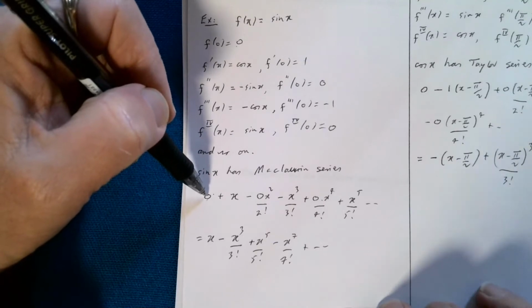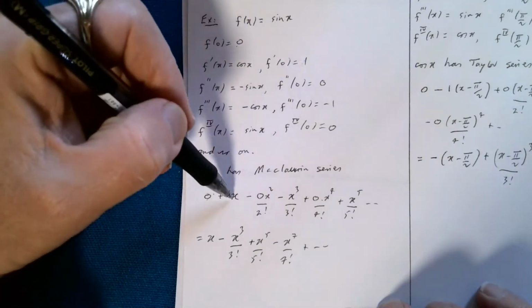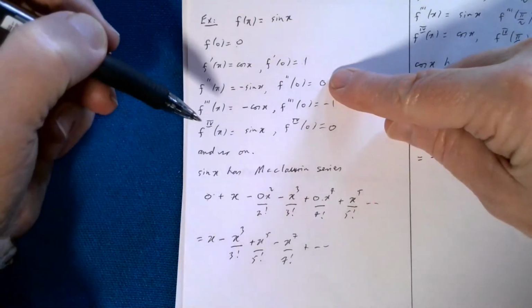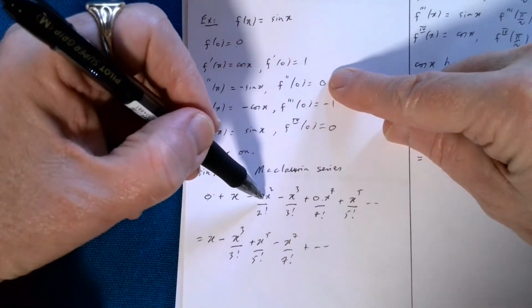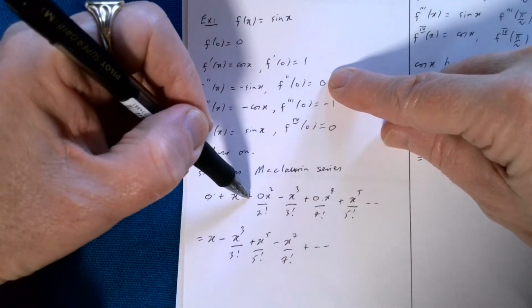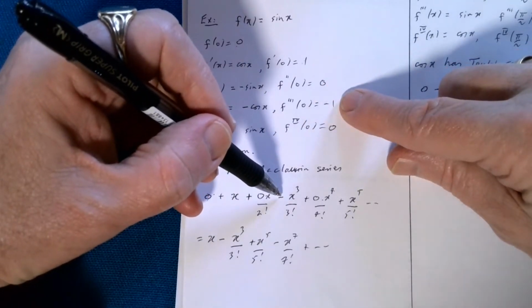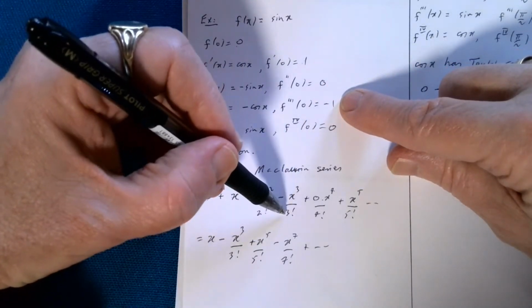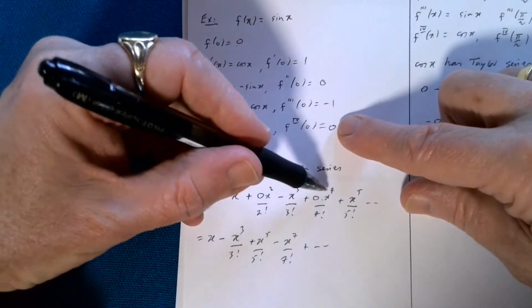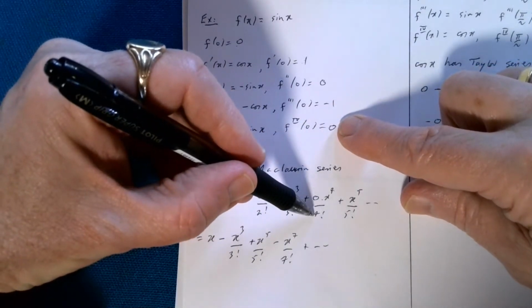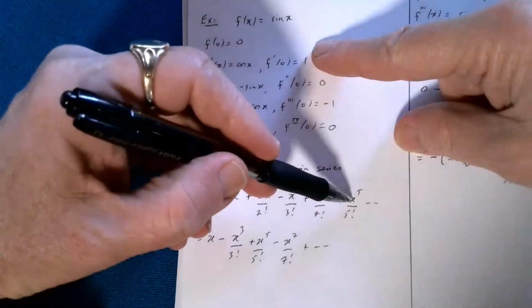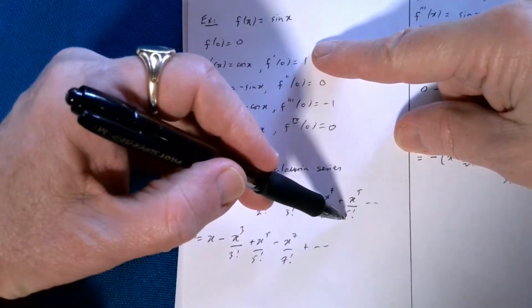Then we're going to get 1 times x, and then 0 times x squared on 2 factorial. Well, that'll be plus 1 there, plus 0. Then I'm going to get minus 1 from here, x cubed on 3 factorial, then 0, x to the 4th, and then we go back to the beginning again, so we're going to get plus 1, x to the 5th on 5 factorial, and so on.